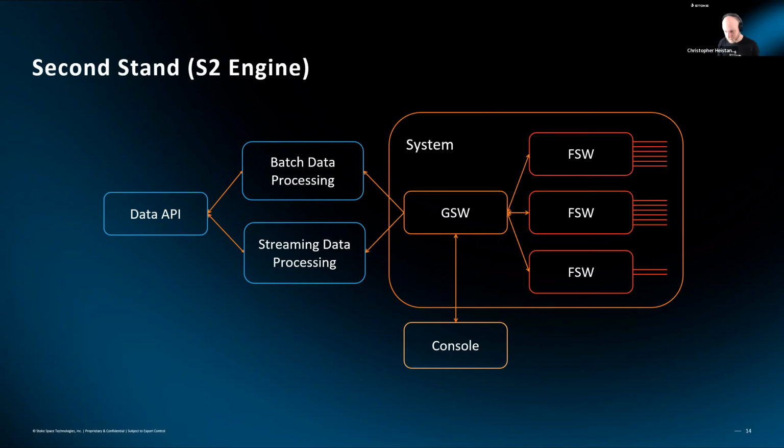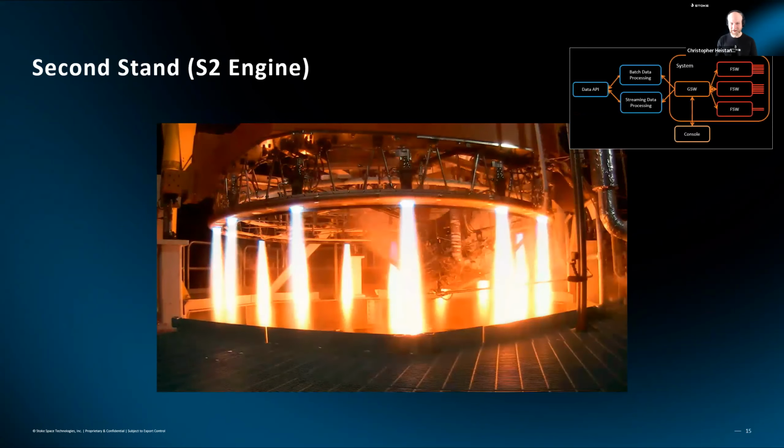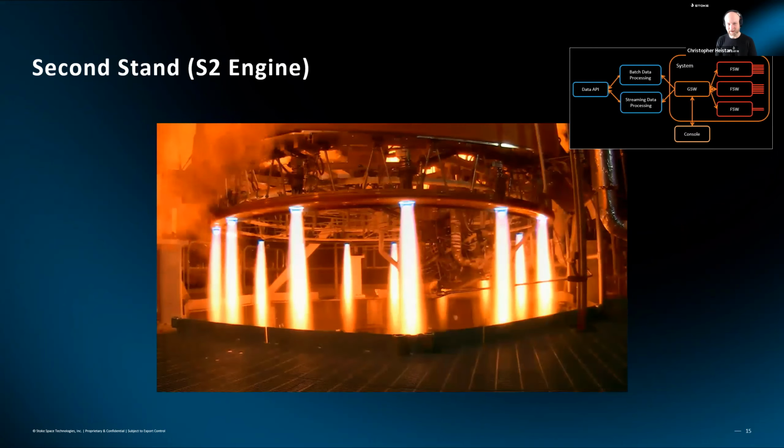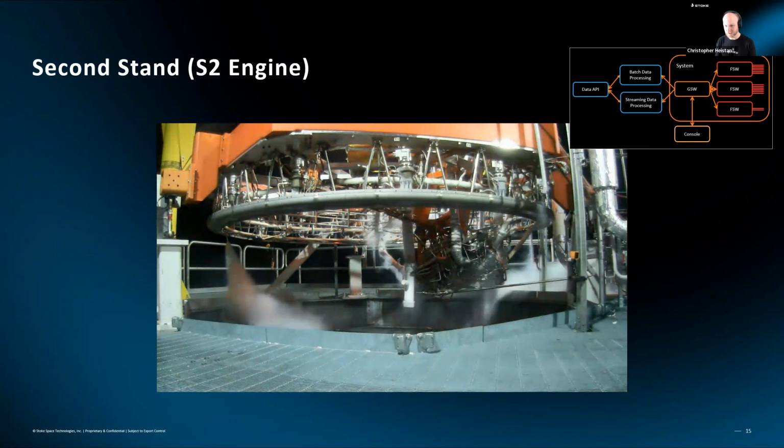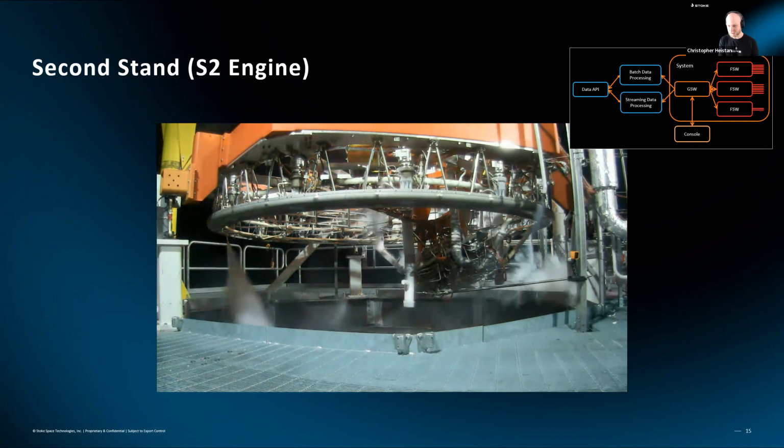Each one is running its own loop. They are talking to ground software, same sequence engine, talking to console, same console. And what you end up with is the operators that work on the component containers know exactly how this all works, because it's the same thing when they're running on second stand, just different sequences, different configurations, different keys that you can go and access.